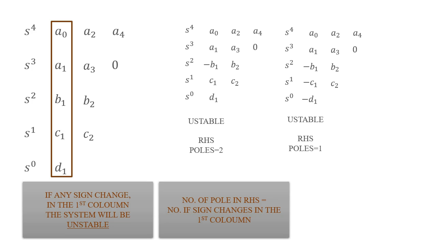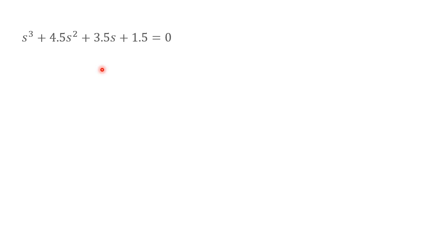Okay. Now let's see a simple numeric example of how we are going to calculate it for real. This one was for understanding purposes. Now let's see a numeric example. Here the characteristic equation is given as s cube plus 4.5 s square plus 3.5s plus 1.5 is equal to 0.